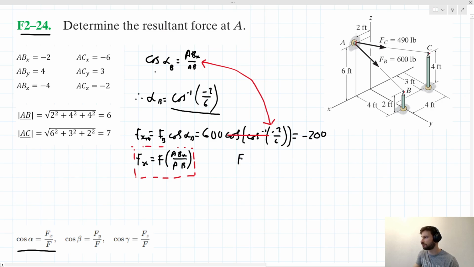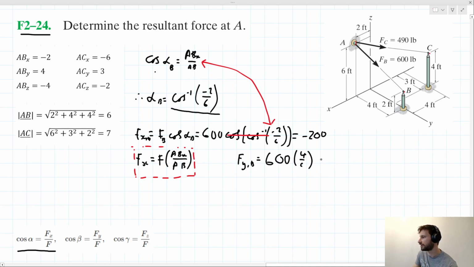We can use the exact same idea for the y component of B. Using this general form that we've derived here, this y component of B is going to be the y component of AB over AB, if that makes sense. So the y component here is 4.